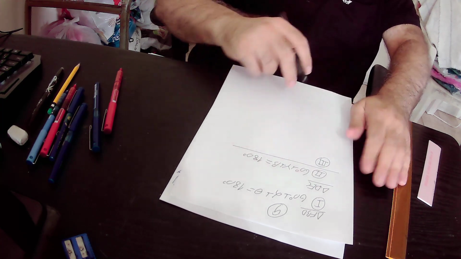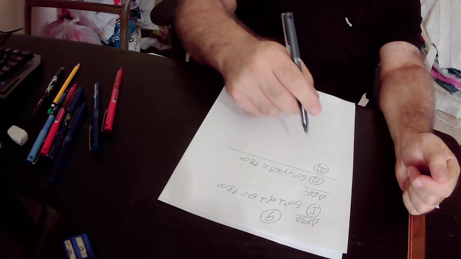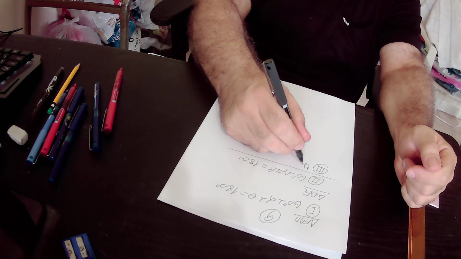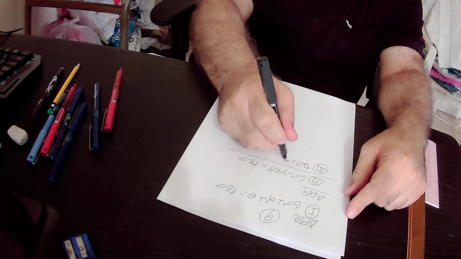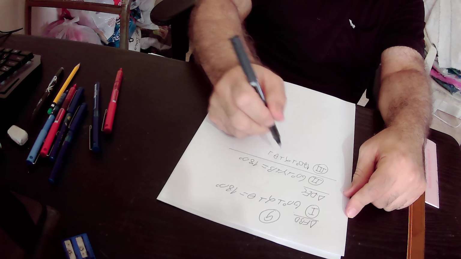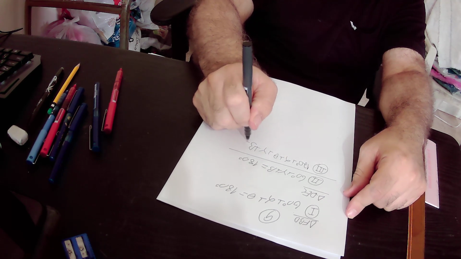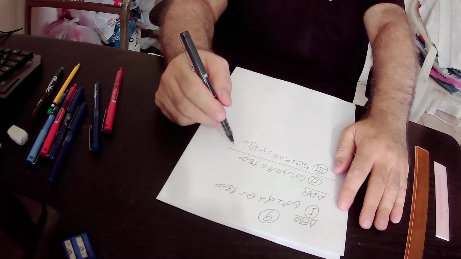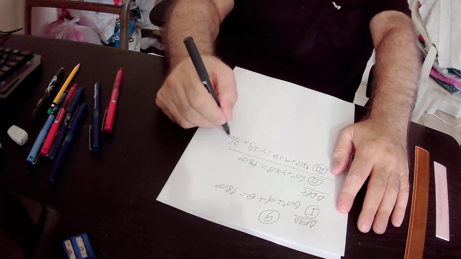So 60 degrees plus 60 degrees is 120 degrees, plus alpha plus theta plus gamma plus beta equals 180 degrees plus 180 degrees equals 360 degrees.